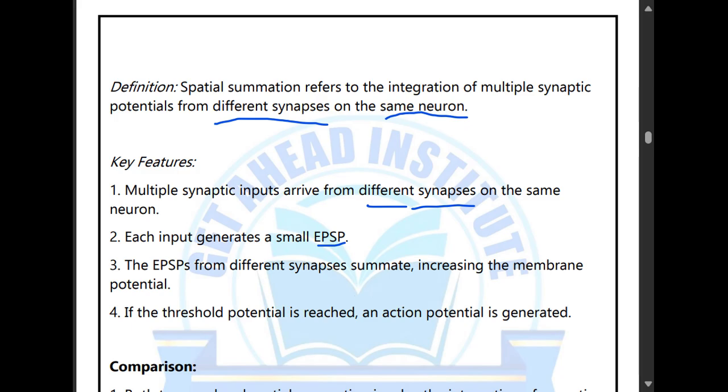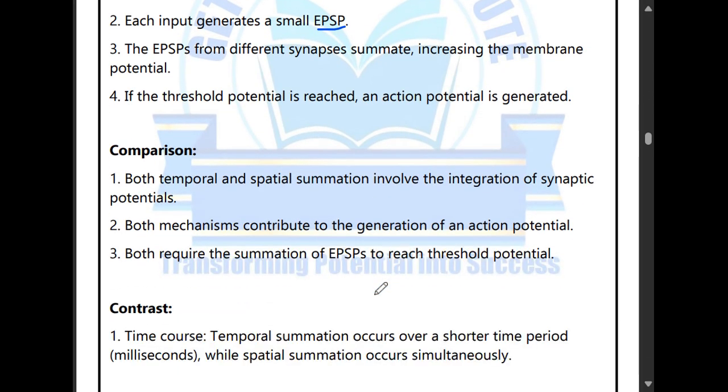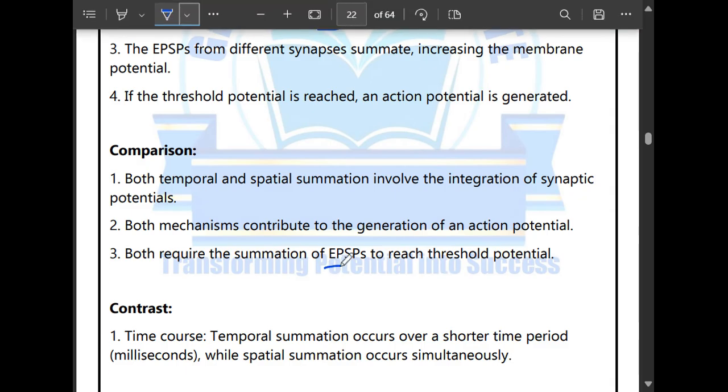All right. So now, if the threshold has been reached, the same will occur and an action potential will be generated. When it comes to the comparison of the two, both temporal and spatial summation involve the integration of synaptic potentials. Number two, both mechanisms contribute to the generation of an action potential, because we're trying to grade the potential. Lastly, both require summation of EPSPs in order for us to reach threshold potential.